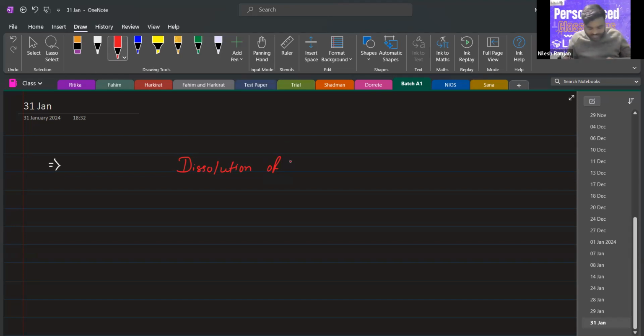We do not study by seeing the clock. But generally, if we study, we have an estimate of how much time. Yes, sir. So that's what I'm asking.